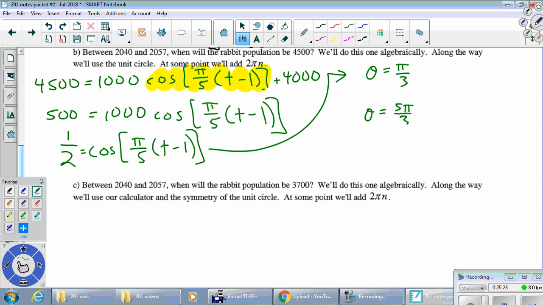But theta was just a simplified version of what we really had. What we really had wasn't theta, it was all this. And so I'm just going to erase those thetas and put pi over 5 times t minus 1. So do copy it now. So these should both have been pi over 5 times t minus 1.